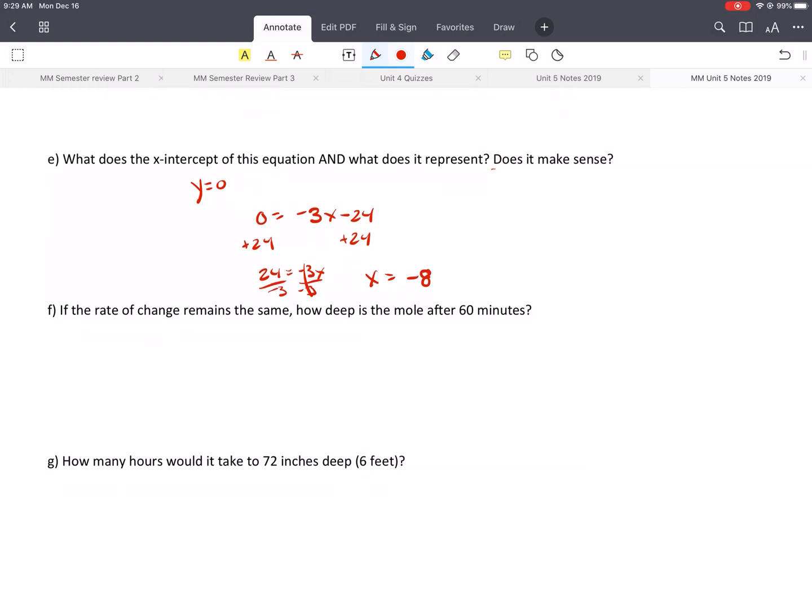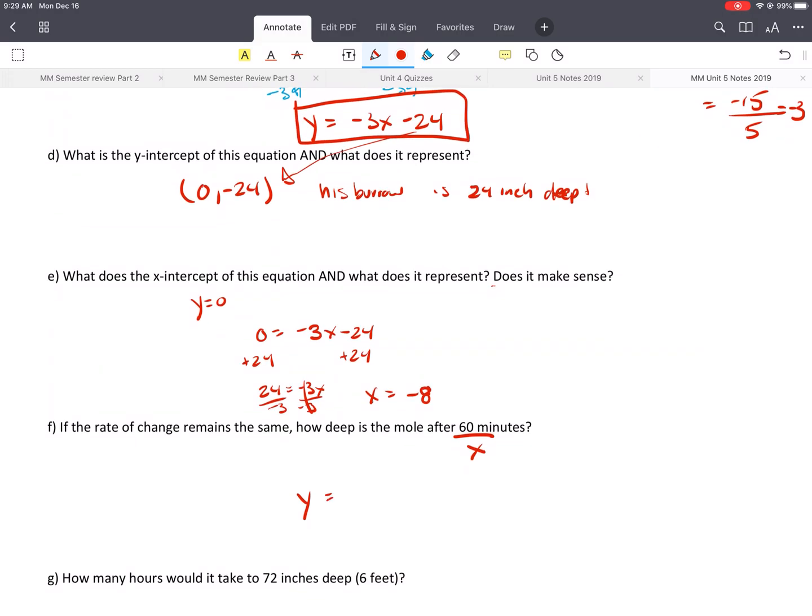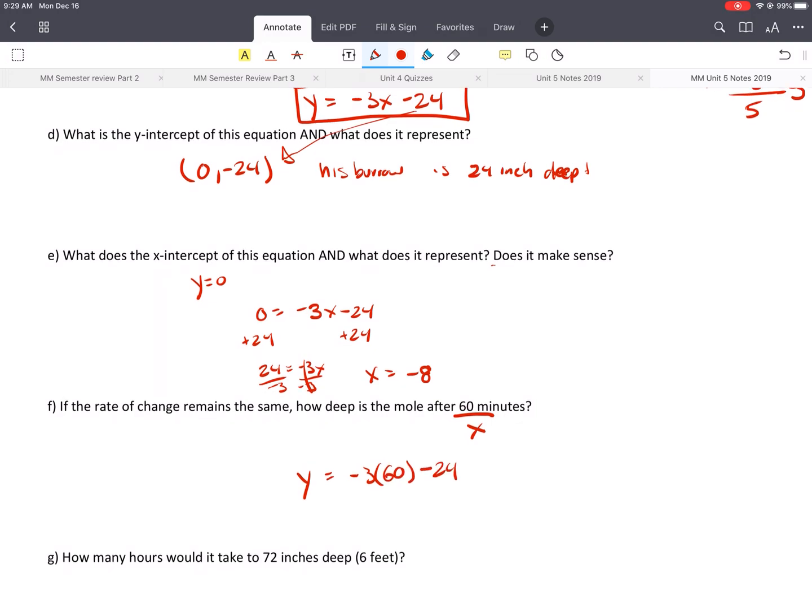All right, so if the rate of change stays the same, how deep is the mole after 60 minutes? So how far he can dig in 1 hour. Okay, so again, this would be our x, it's our time. So we'd use our same equation that we wrote up here. So we'd do y equals -3 times 60 minus 24.